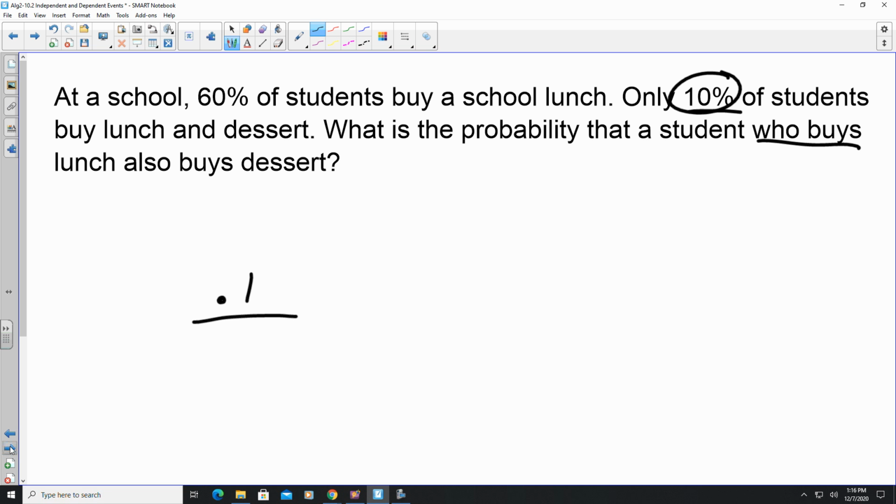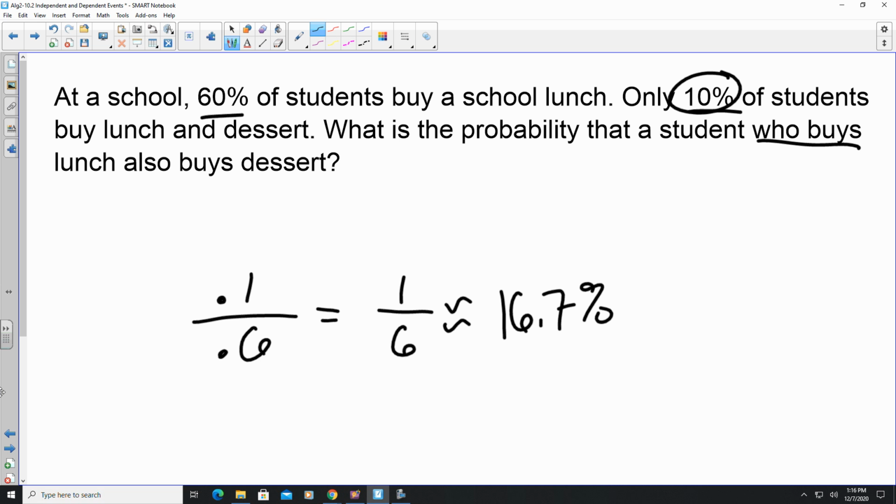Divided by, you're only looking at the students who buy school lunch, and that's 60% of the students, which as a decimal is 0.6. So 0.1 divided by 0.6 is a probability of 1 over 6, so about 16.7% of students who buy lunch would buy dessert.